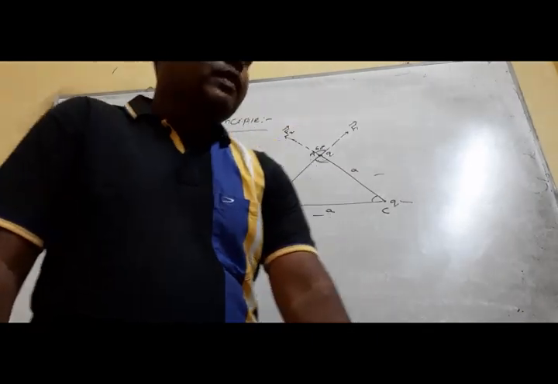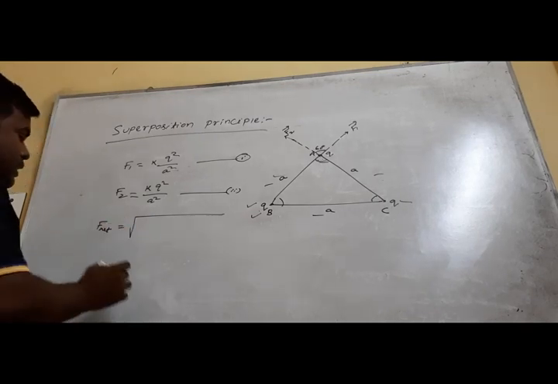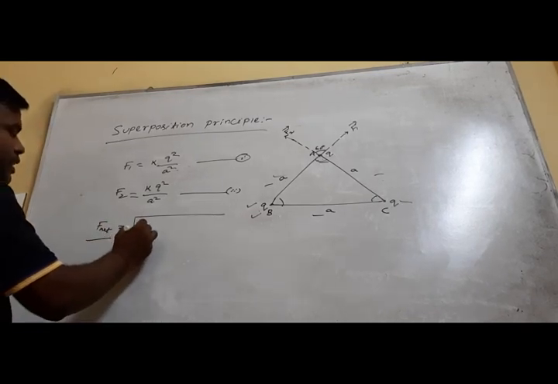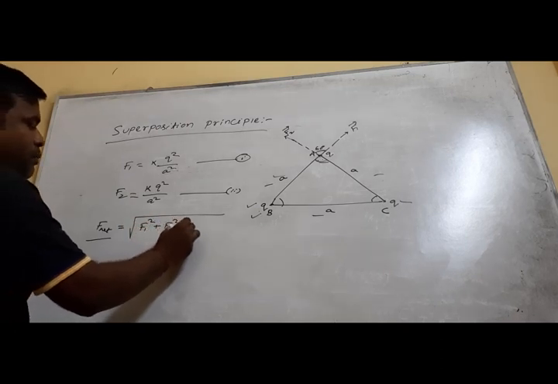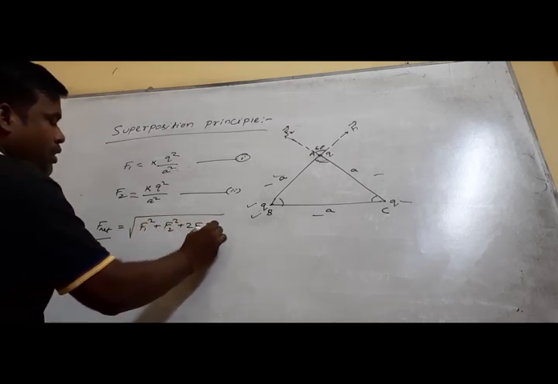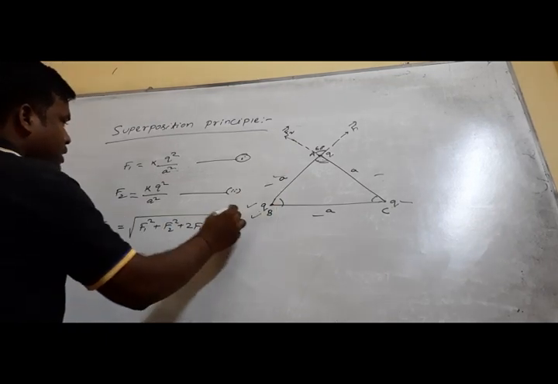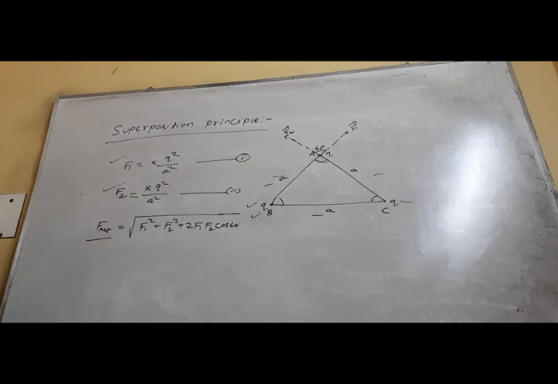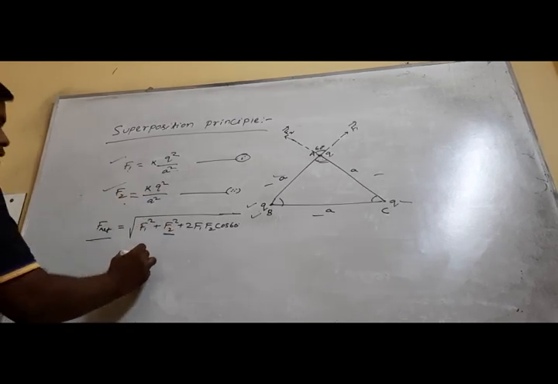If there are two vectors A and B, and theta is the angle between them, then the resultant F net will be root of F1 square plus F2 square plus 2 F1 F2 cos theta, where the angle is 60 degrees. Here F1 magnitude is F2 magnitude, so in place of F2, you can write F1.